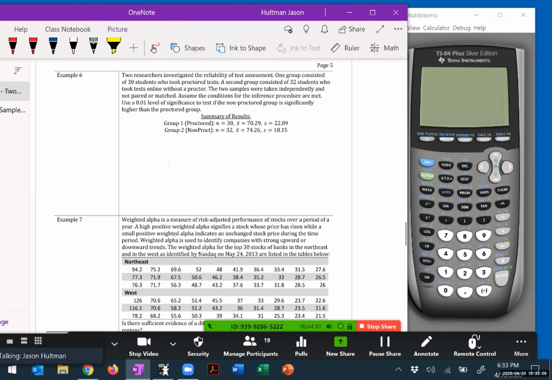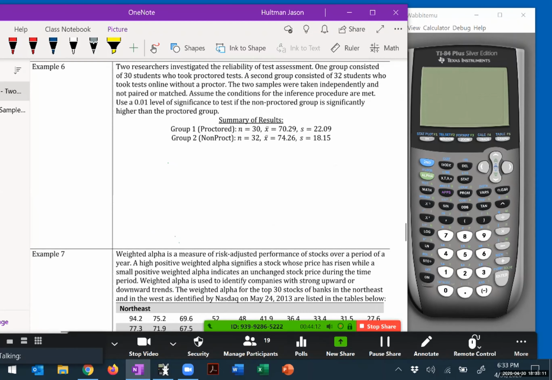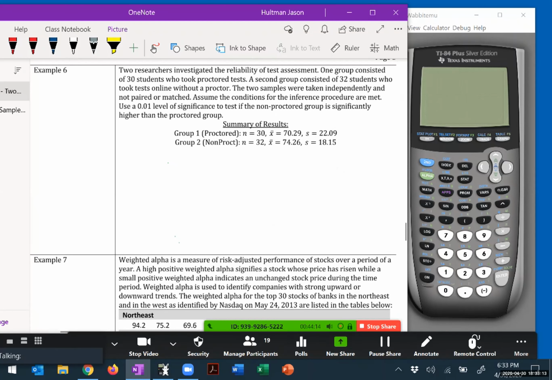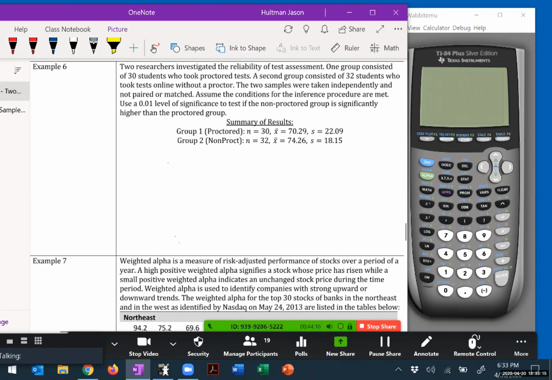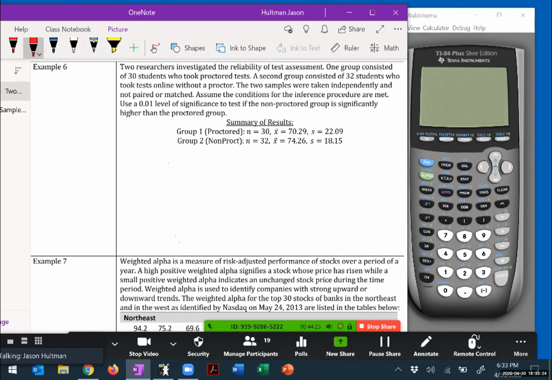Okay, example 6. Two researchers investigated the reliability of... I'm not gonna read this whole thing again. The 2 samples were taken independently, and not paired or matched.